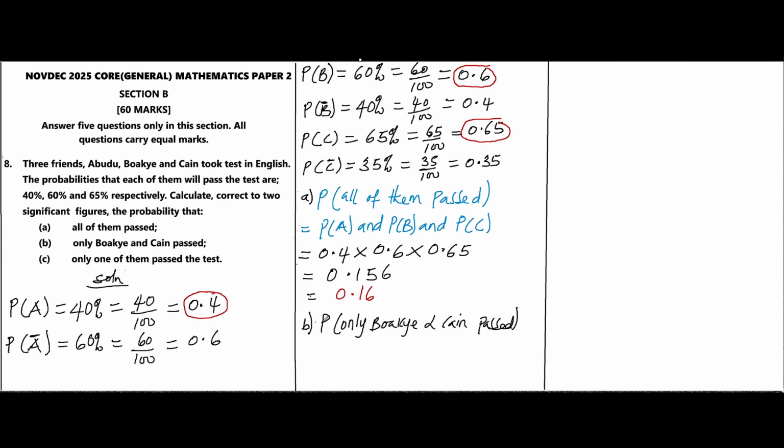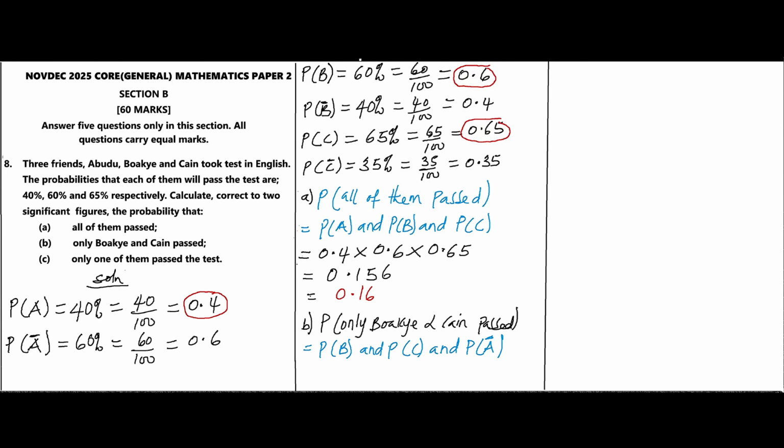So that is, Boakye will pass and Cain will also pass. But then what happens to Abudu? So Abudu must fail. Abudu will fail. So these are the conditions.